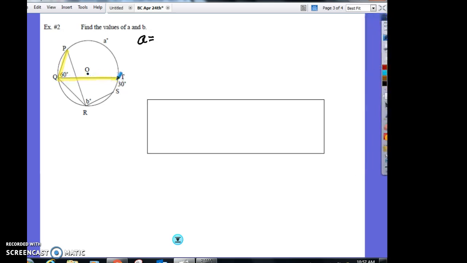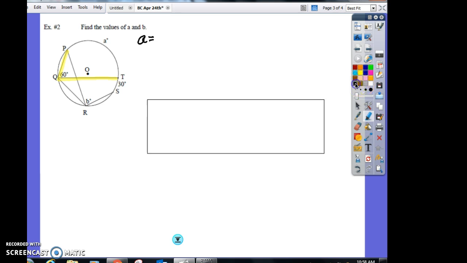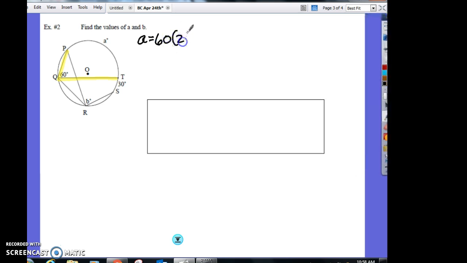See how that is an inscribed angle because Q is on the circle and it is drawn to arc PT, or arc A, which is what we're trying to find. So if that's an inscribed angle, I know that's going to be half of whatever arc A is. So instead of taking half of it, I'm going to, just like I did in the previous problem, double 60 degrees. And arc A is going to be 120 degrees.